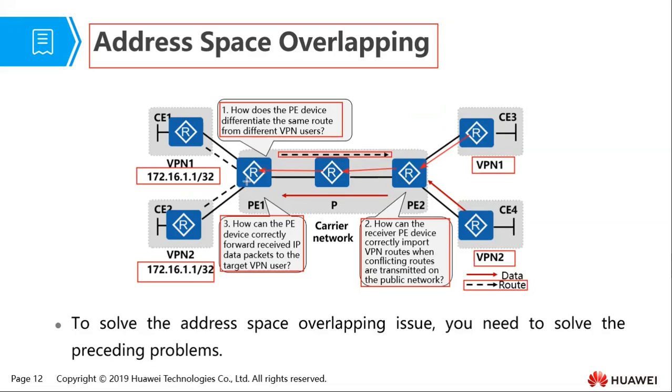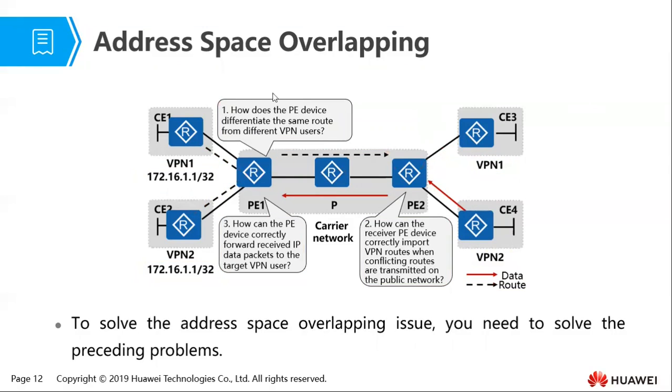So how does PE1 know whether to ping this network or this network? That's the other problem. We are going to look at how to solve each of those problems step by step.